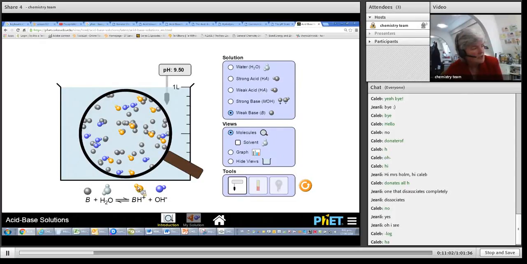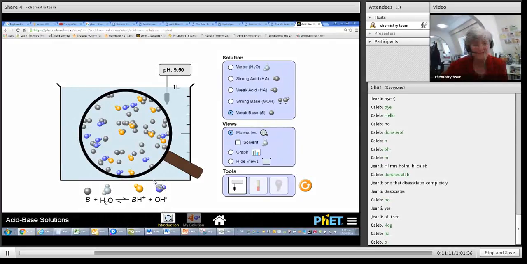Okay, so what species is there in the biggest amount? The B, the BH plus, or the OH minus? The B, correct. Whenever you've got a weak base or a weak acid, it's always the weak acid or the weak base that's going to be in the biggest amount. And the little bit that does break up will be equal amounts, but they'll be smaller amounts.